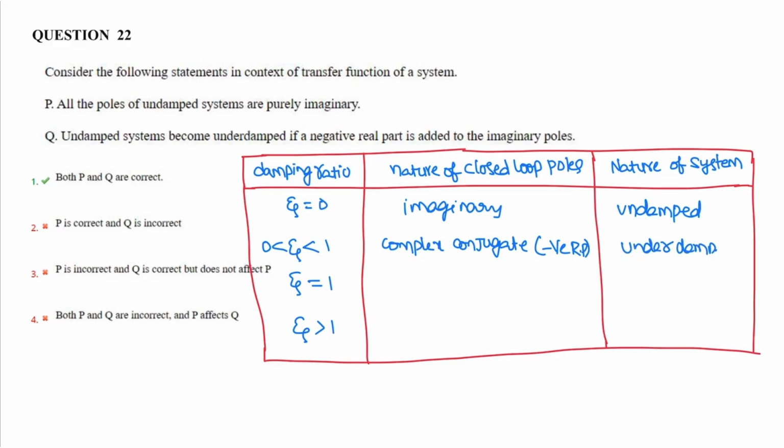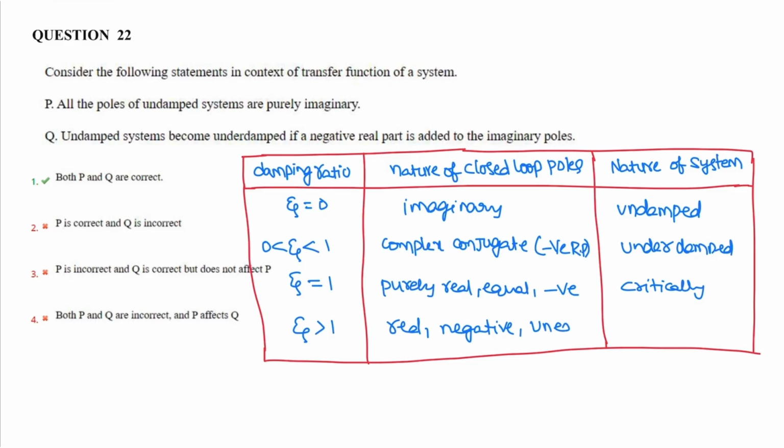If zeta is 1, the poles are purely real, equal and negative. So here the system is critically damped. If zeta is greater than 1, the poles are purely real, negative and unequal.